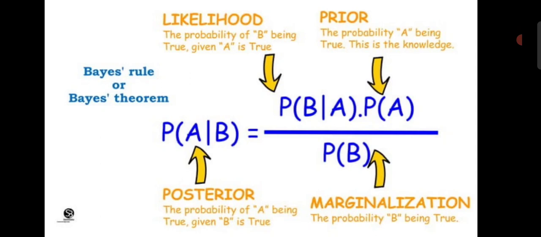The second element in the numerator, P(A), is the prior, the probability of A being true. In the denominator, P(B) is the marginalization, the probability of B being true.